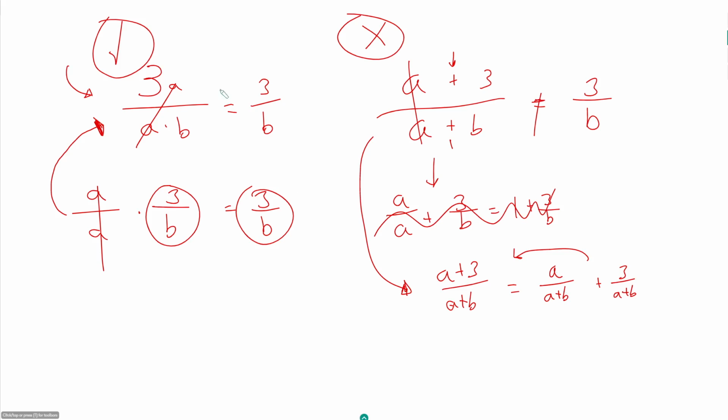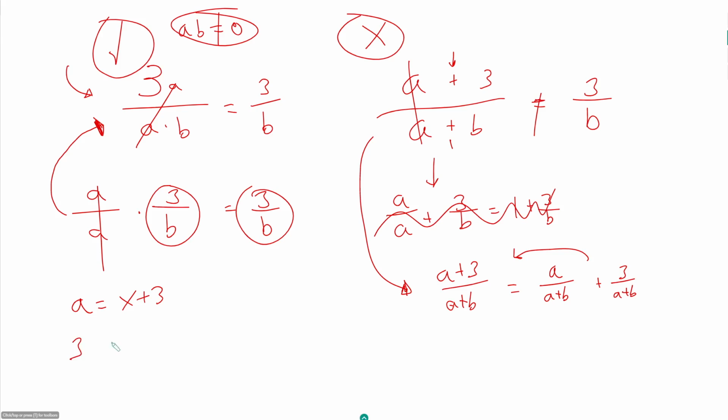Now say, we're going back to our guy on our left here. And by the way, this all assumes that neither a nor b is equal to 0, because we cannot be dividing by 0. Going back to here, say we were told that a is equal to x plus 3.